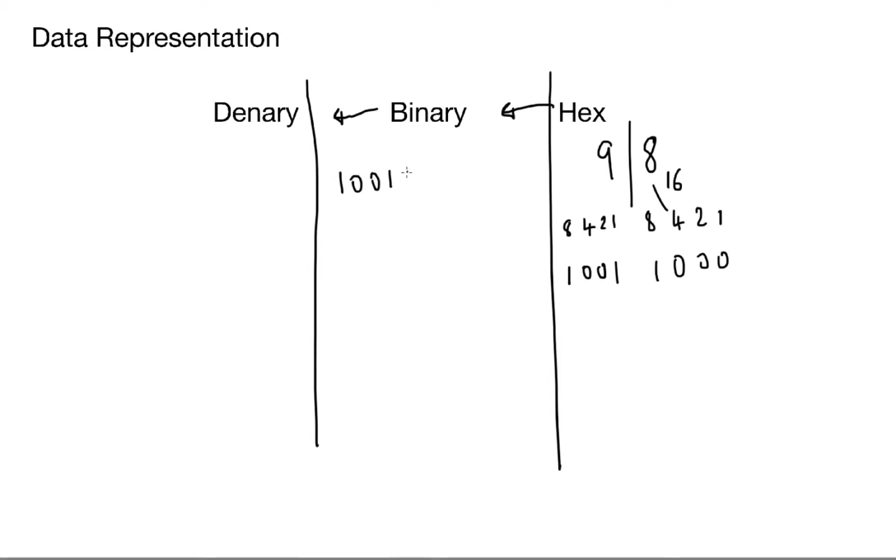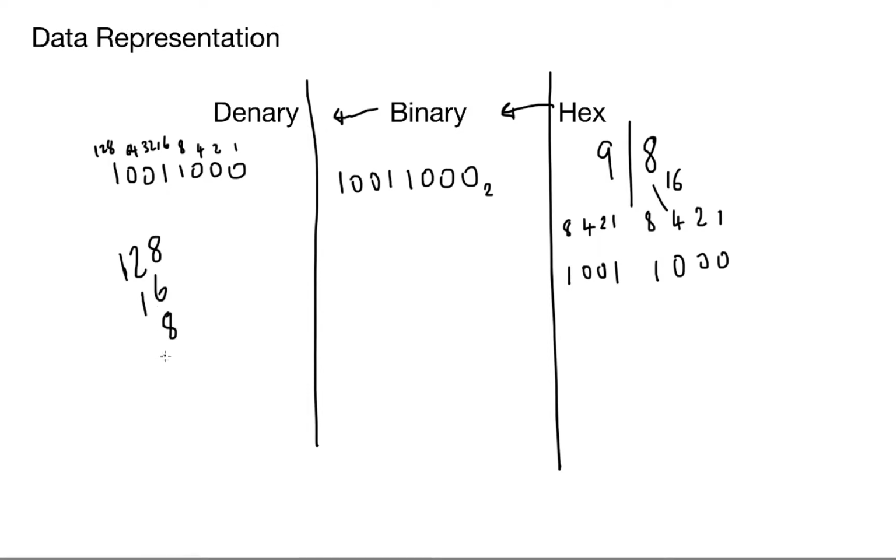I put the two together to make my binary number, and then I convert that binary number into denary. So I take the values 128, 16, and 8, and I add them all together, and that equals 152 in base 10.